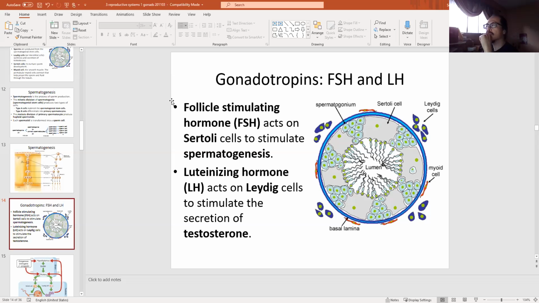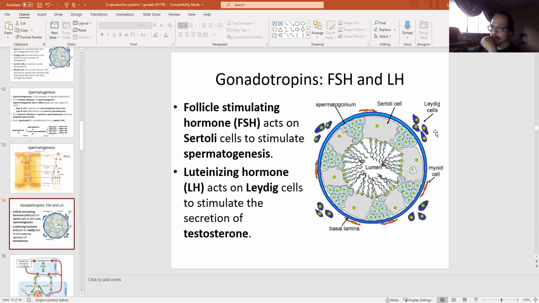And so these two hormones act on two different cells. The follicle stimulating hormone acts on the Sertoli cells. And so it can directly facilitate the production of the sperm cells. Luteinizing hormone acts on the Leydig cells. So with this one, it will trigger the Leydig cells to produce testosterone.